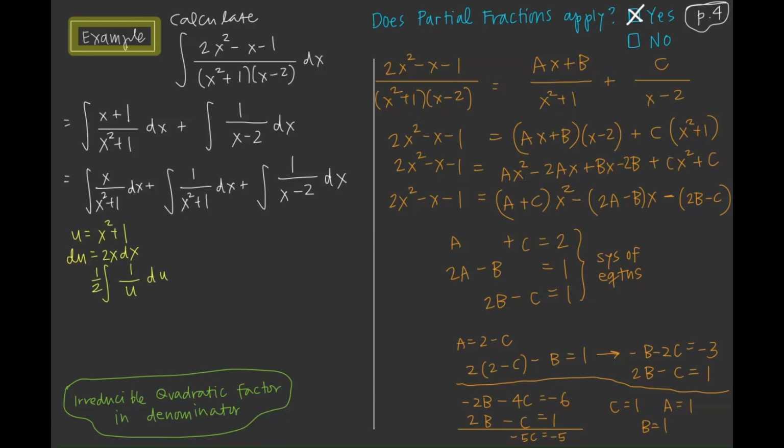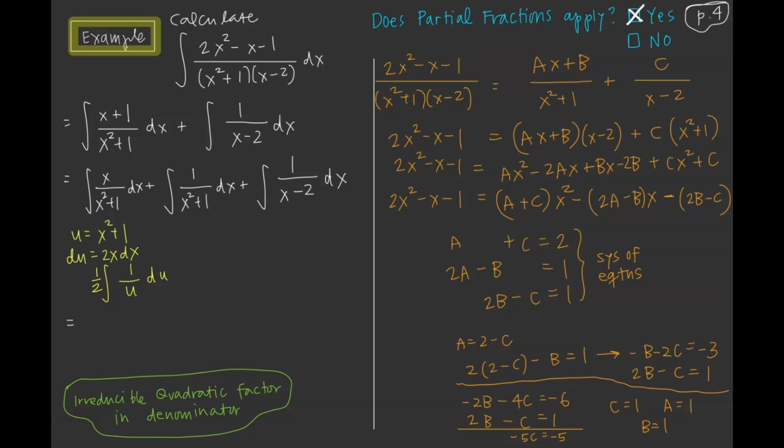This integral, so just convince yourself that this is what you're getting after you make the substitution. We have the u, and then x dx we have, and then this 2 we need to move over here, so we have a 1/2 du. This is just going to be a natural log, our arctan, and another natural log. So all of the pieces are coming together.